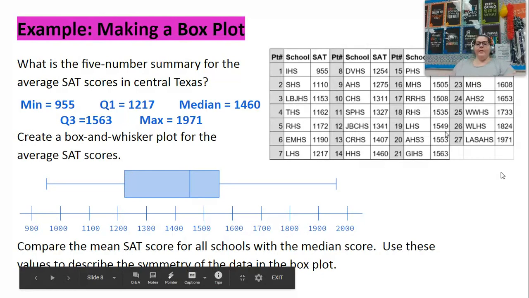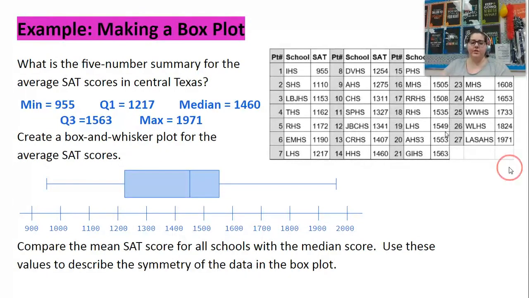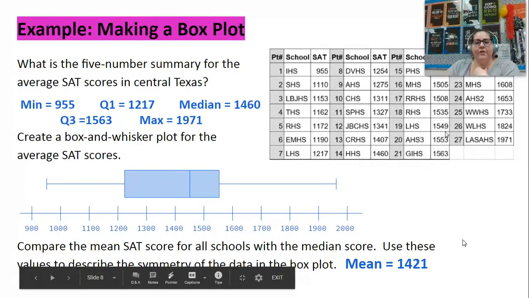And one thing we can do in terms of finding out if this box plot is symmetric or not is look at the box plot, but another thing, which we talked about in the mean and median lesson, is how the mean compares with the median. So if I added up all 27 of these numbers and then divided by 27, the mean score for all the high schools is 1421.